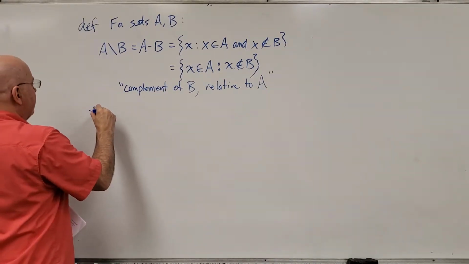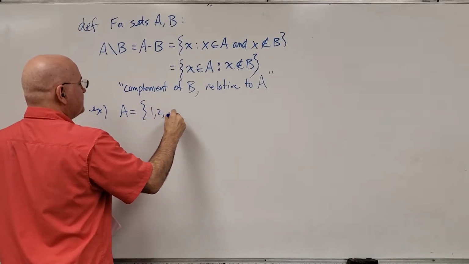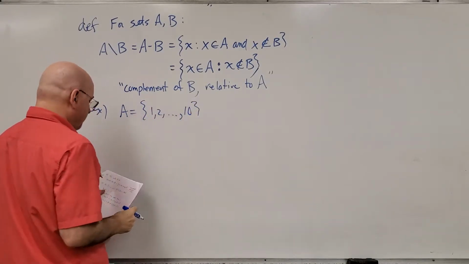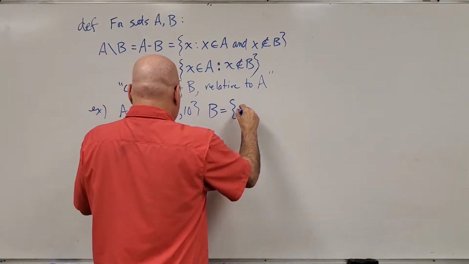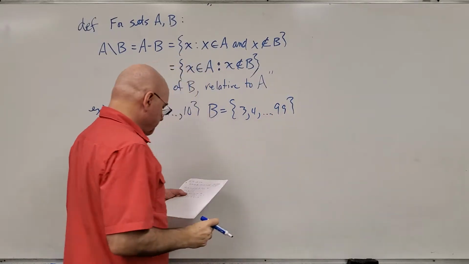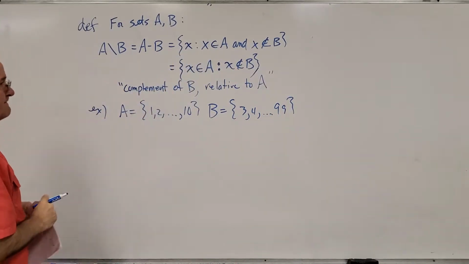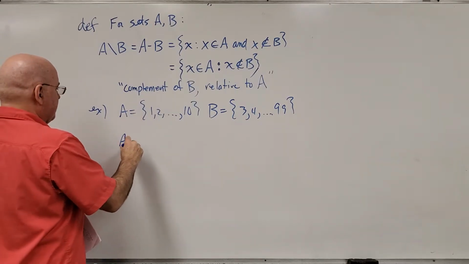So a real simple example, we'll take the set A being the numbers from 1 to 10. And B will be the numbers from 3, 4, all the way up to 99. Well, let's just do it both directions. What is A minus B?